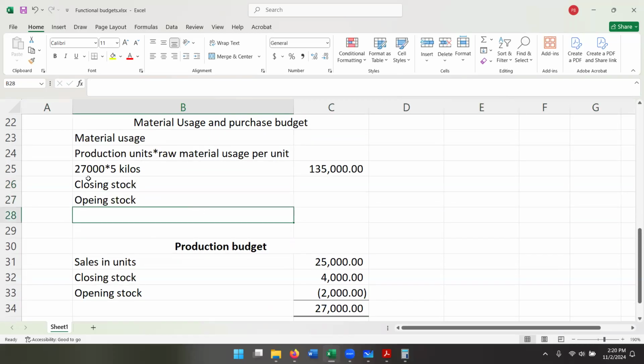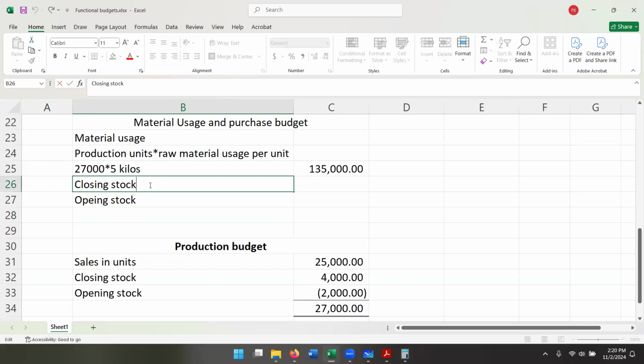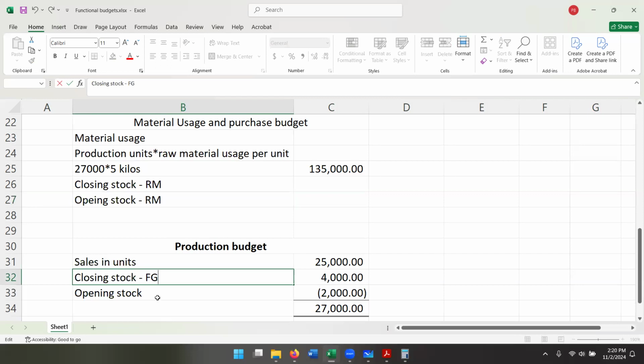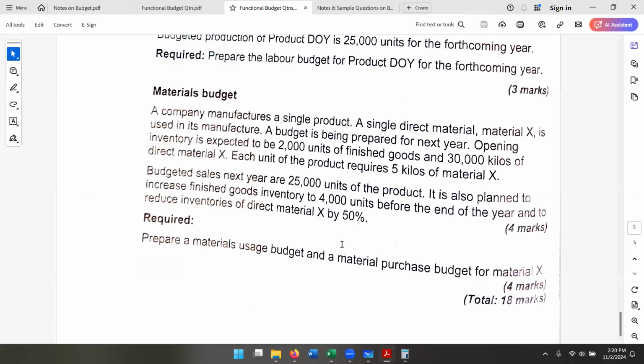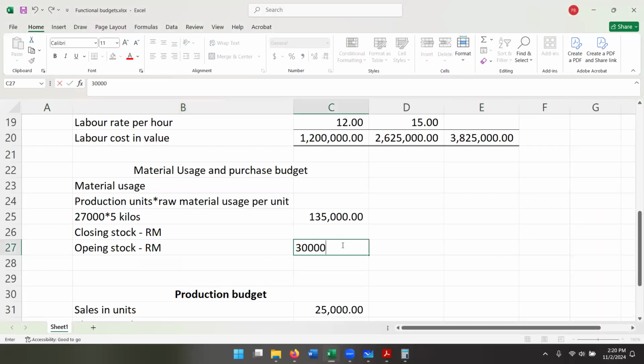But when we are preparing the material usage budget, the opening and closing stock are raw material. So here the raw material opening is 30,000.